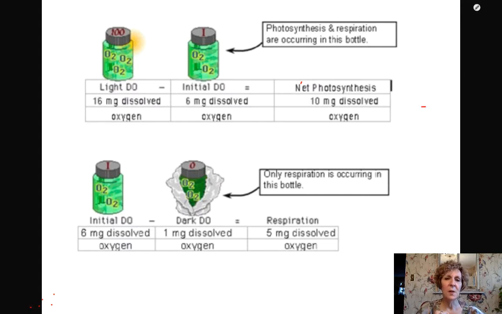So one of the things that we're going to do in part B of our dissolved oxygen lab is take the initial dissolved oxygen the very first day.